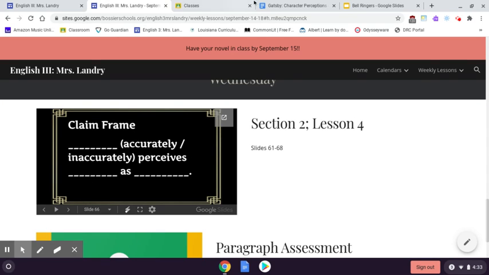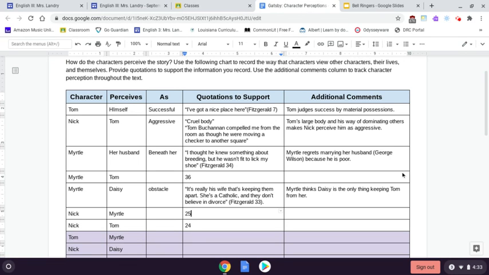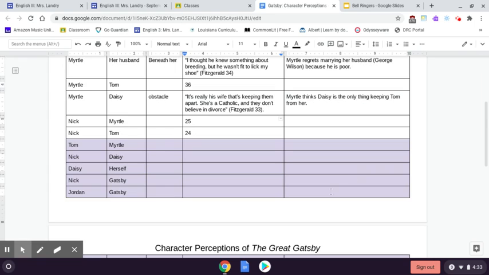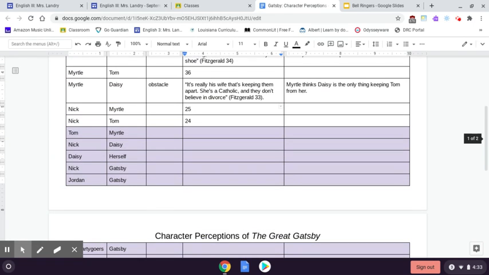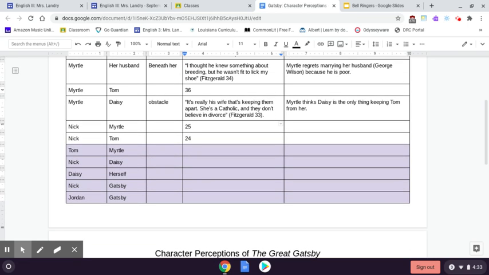Now, to help you with this, you are going to use your character perception chart. And you already have evidence on this chart, so it should be rather easy for you to pick a character and someone they perceive and find two pieces of evidence for that character.